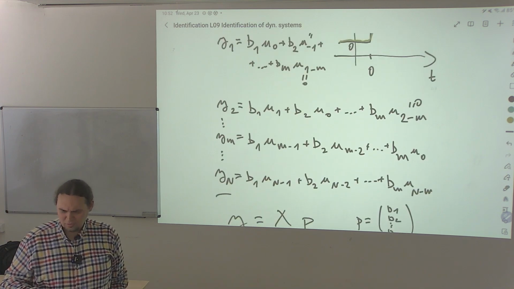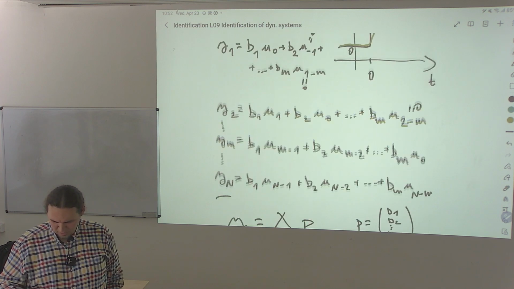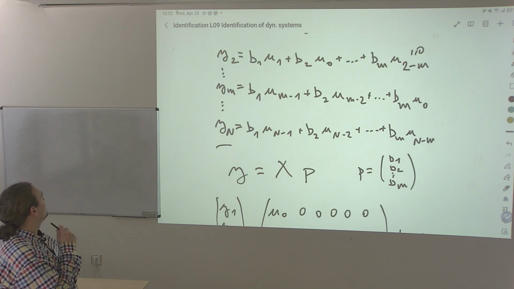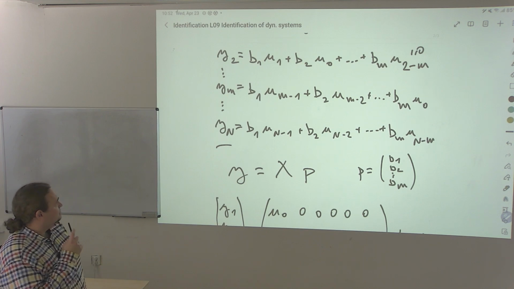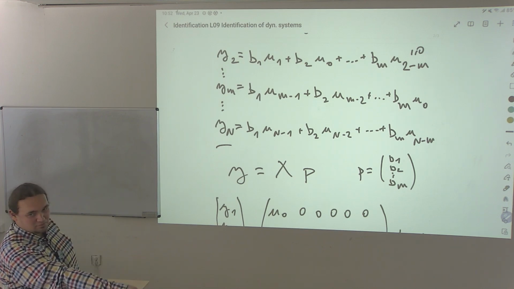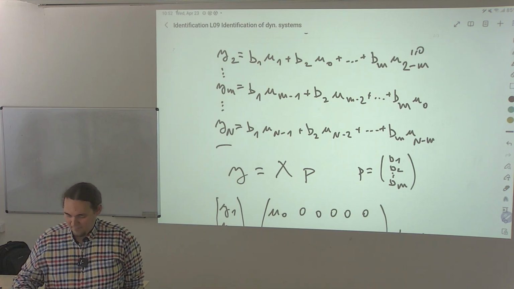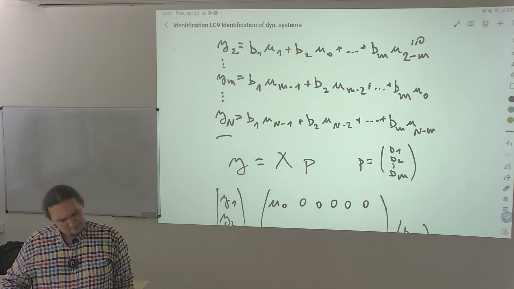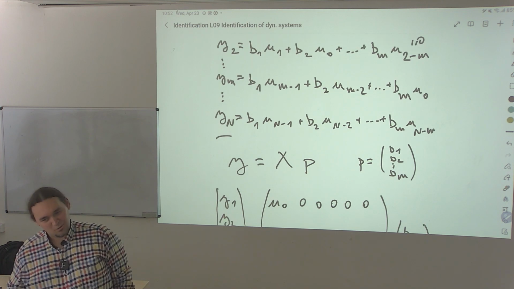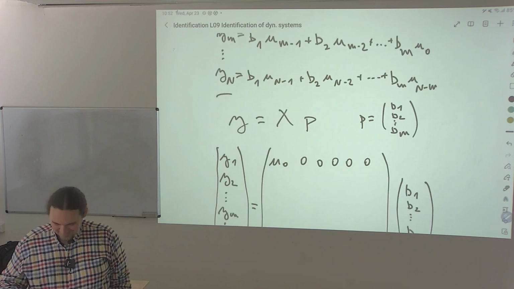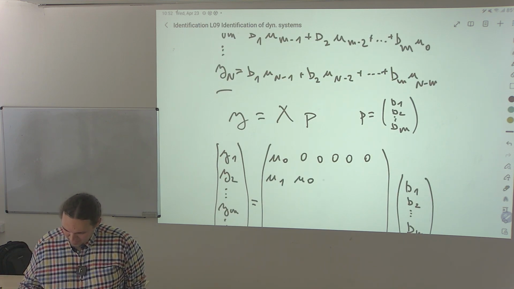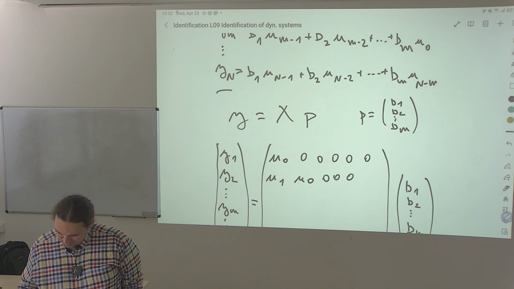Good. What about U1? What about U2? Y2. So the coefficients of B1, B2 until Bm: U1, U0, 0, 0, 0, 0.